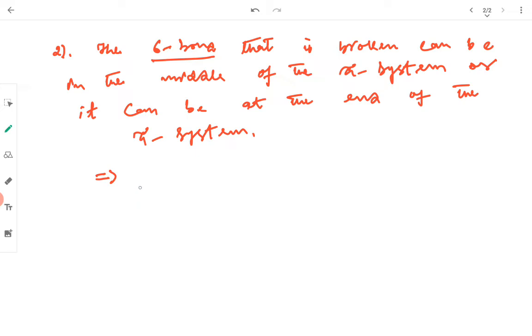So let me take the first example where sigma bond is broken in the middle. This is the example. You have CH3 here. You have a double bond here, and you have a double bond here.